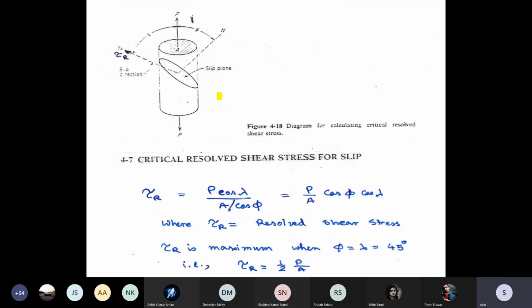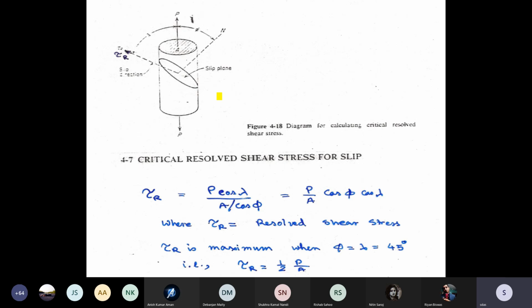The yield strength you studied in your mechanics class is for a polycrystalline sample. Many grains were present. If I consider one grain, one single crystal sample, the resolved shear stress on the slip plane along the slip direction tau r is P by A cos phi cos lambda.